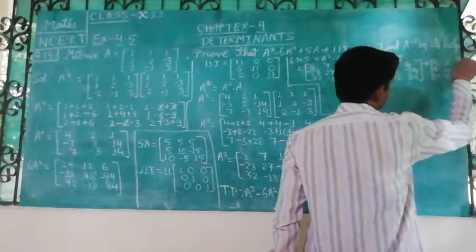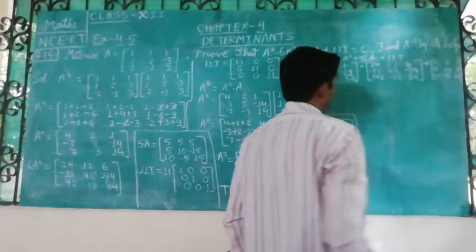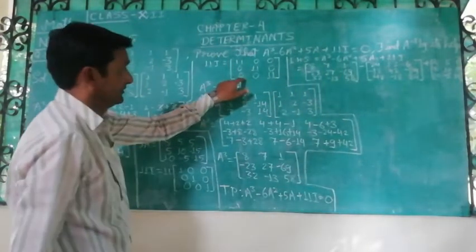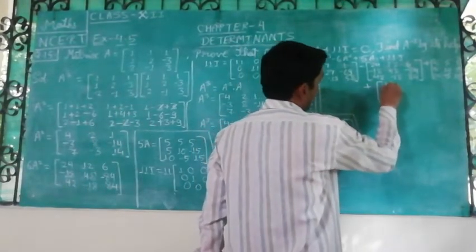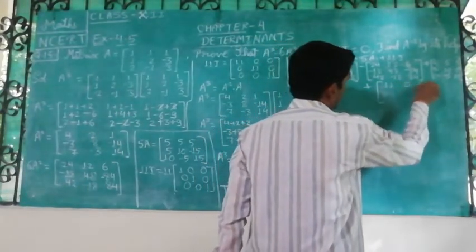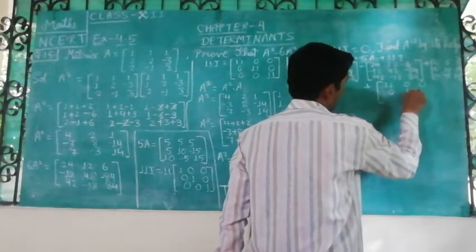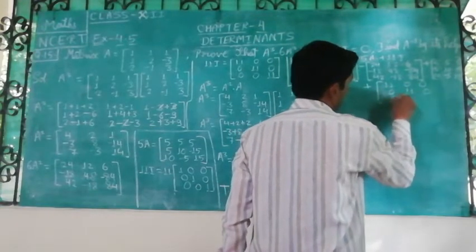Now what is required? 11I. So 11I also we have determined, here it is. So plus 11, 0, 0, 0, 11, 0, and 0, 0, 11.